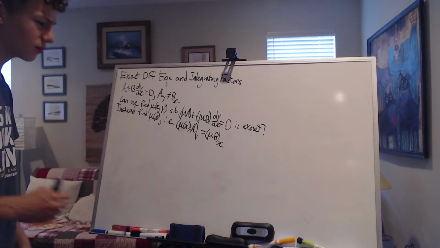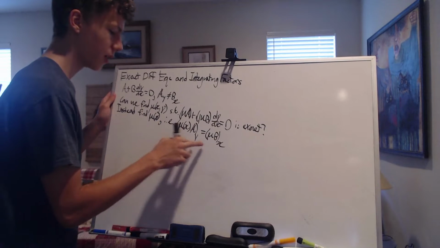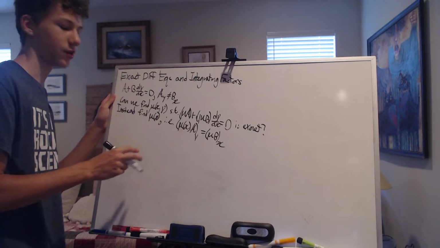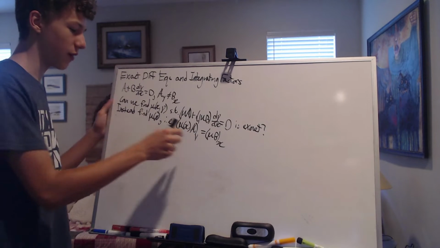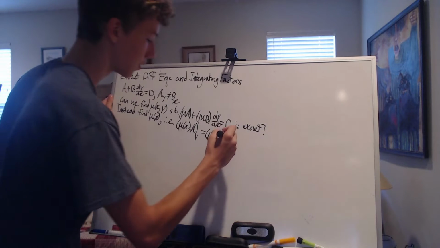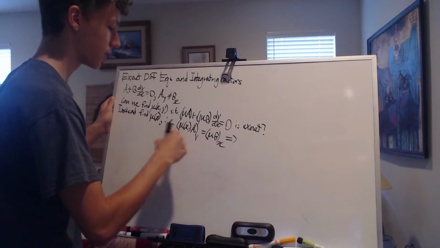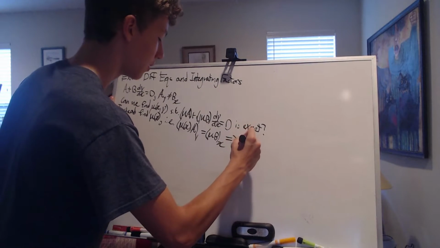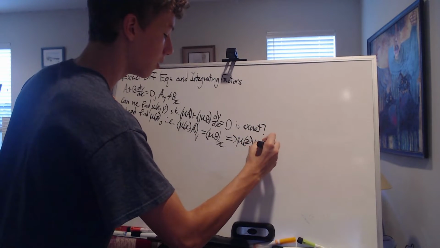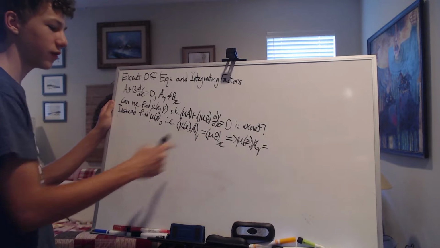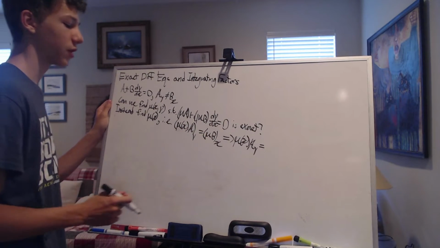Nice. Okay, well, what do we have here? Looks like here we don't need the product rule because mu is a constant when we're differentiating with respect to y. So in other words, this left-hand side is just going to become mu of x times a sub y, and that's equal to, well, here we have to use the product rule because both of them are a function of x.